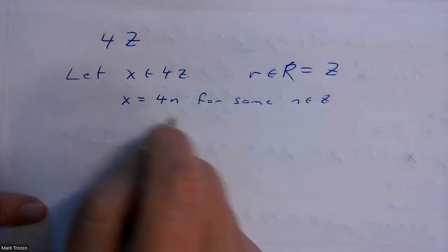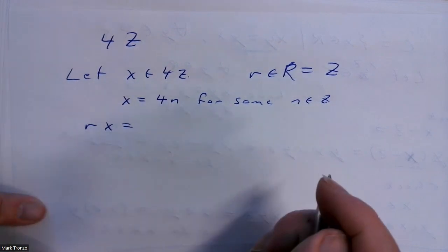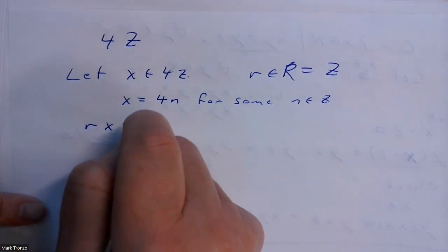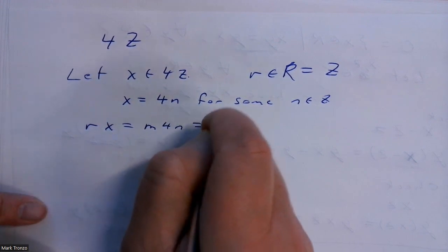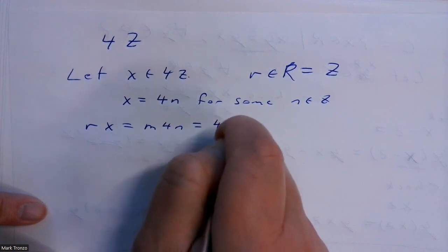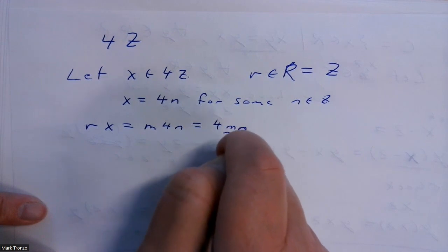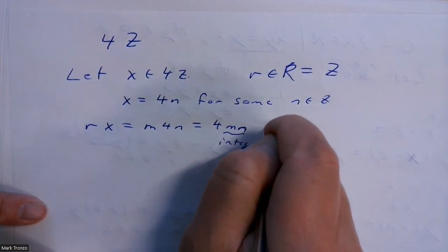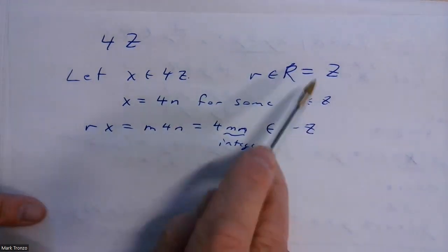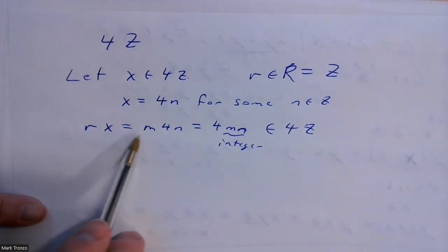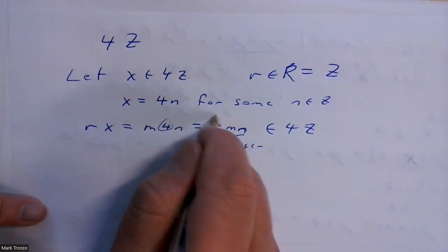So if we took R times X, that's just going to be another integer times 4, say m times 4, which is 4m, and that's going to be in 4Z. So no matter what integer we picked here, we're just going to end up multiplying it, but there's always going to be a 4 involved.